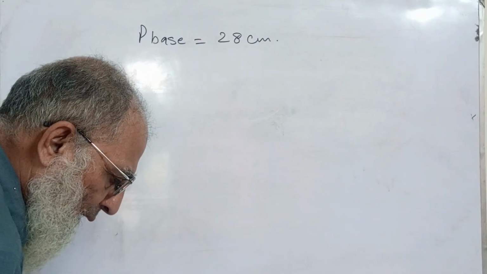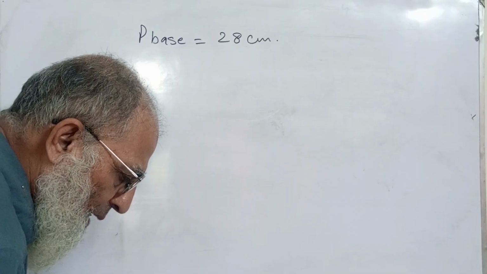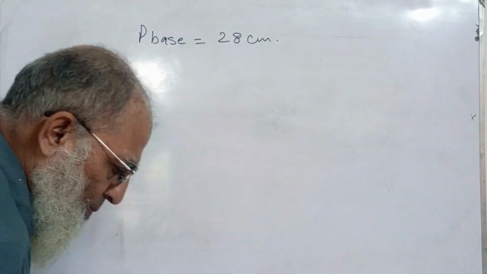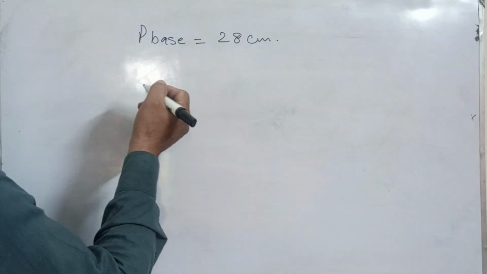But one asks for 4 identical smaller pizza bases with the same thickness instead. Work out the diameter of each smaller pizza base.